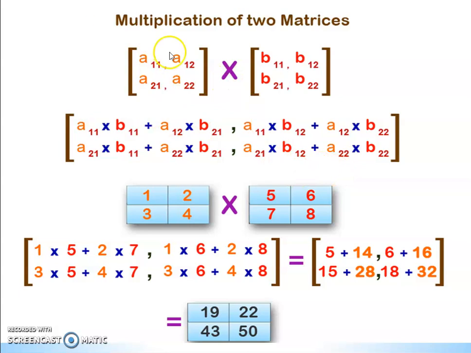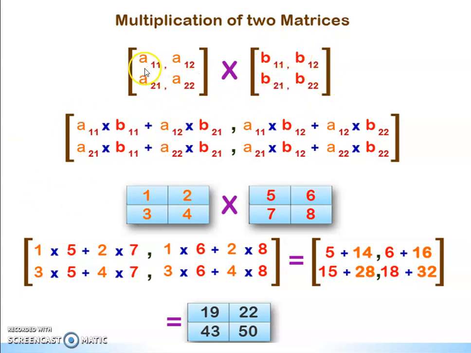Let us try. Multiplication of two matrices of the same order is important. The first matrix is a11, a12, a21, a22. Now the second matrix is b11, b12, b21, b22, with 2 rows and 2 columns. Our main target is first row, first column; first row, second column; next, second row, first column; second row, second column.